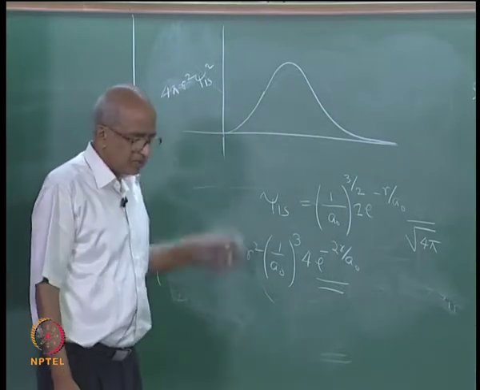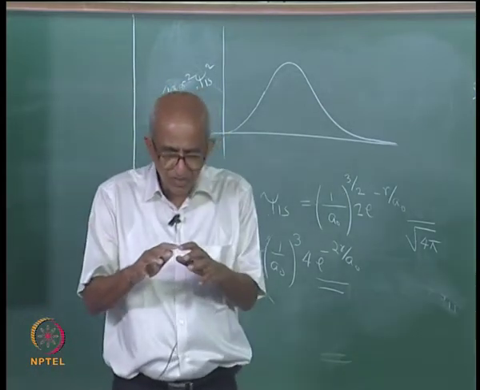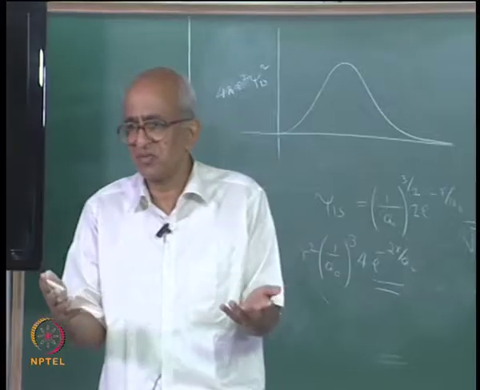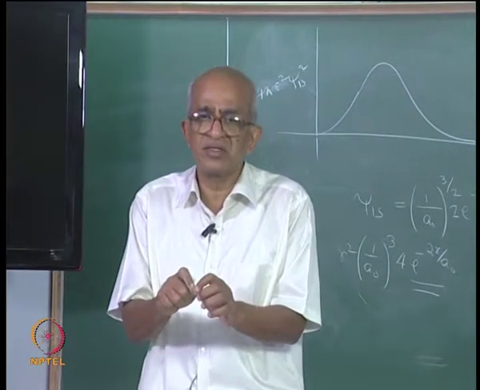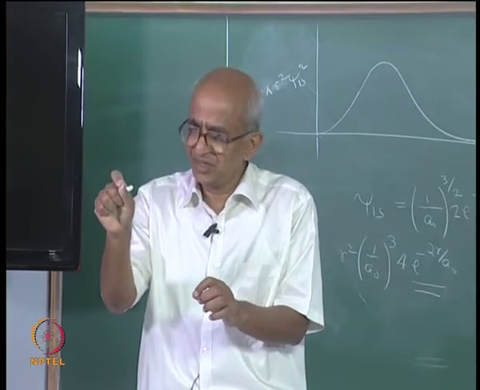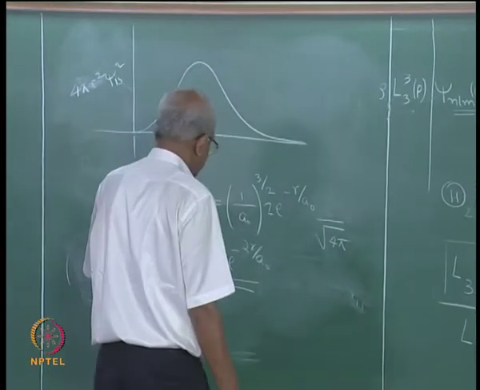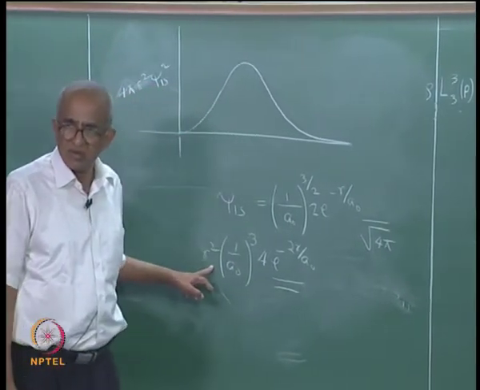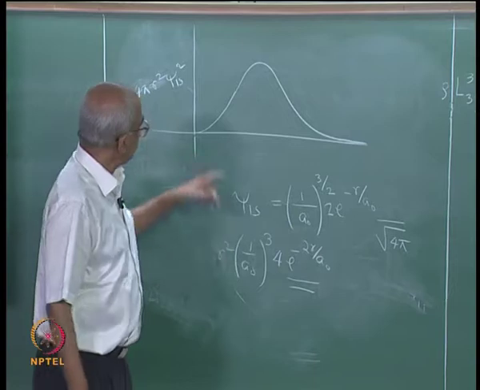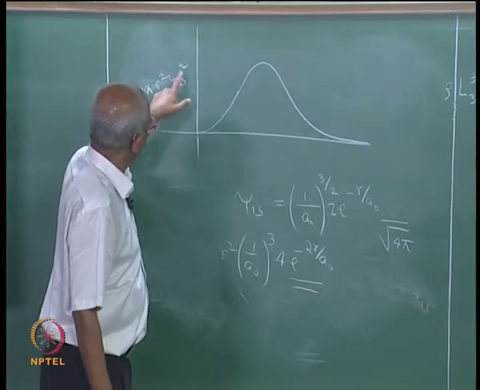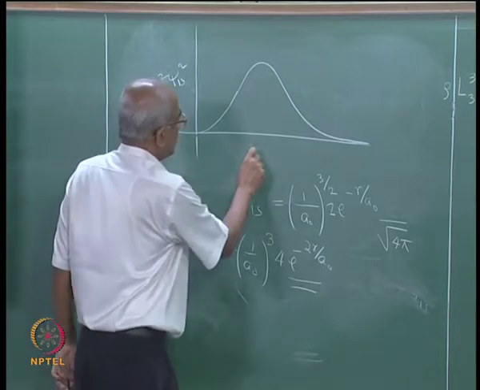Now, in this region what is happening is that you remember you were calculating the surface area of the sphere. Surface area of the sphere is 4 pi r square, and the smaller the sphere is, the smaller is the surface area. That is the reason why this r square is actually occurring in there, correct. And because of that, if you made a plot of the radial distribution function 4 pi r square psi 1 square against r, what do you find?